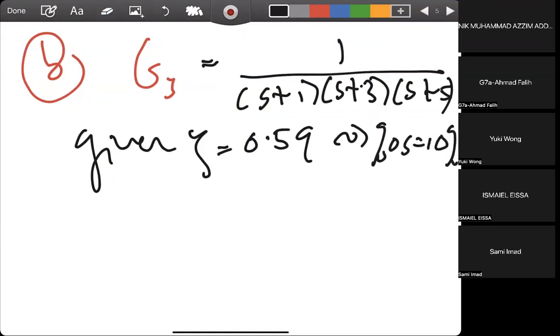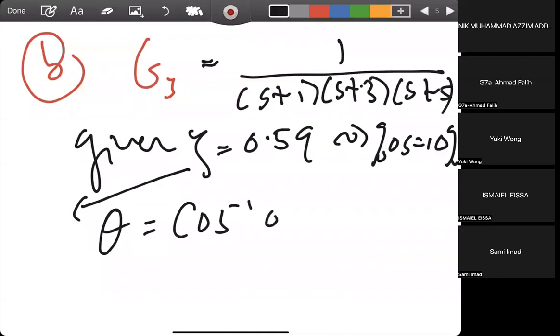So from this zeta we get the angle, which is equal to, berapa ni? Safwan, can you help me? 0.59 inverse cos. 53.84. 53.84 degrees.